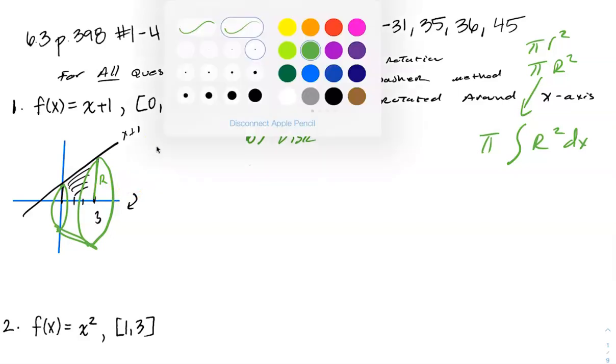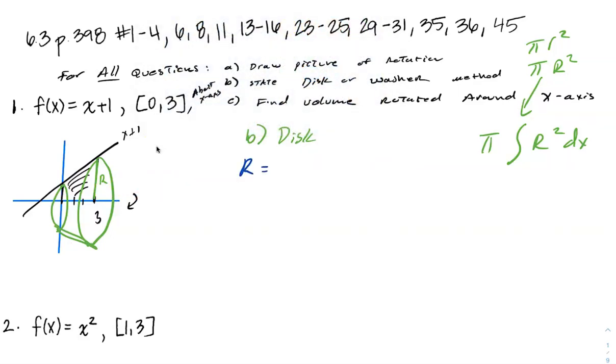So how do we find r here? Same way we always find our r: the top minus the rotation. In this case, my top is x plus 1. I'm rotating about the x-axis, so that's 0. So x plus 1 minus 0, and my r is x plus 1.